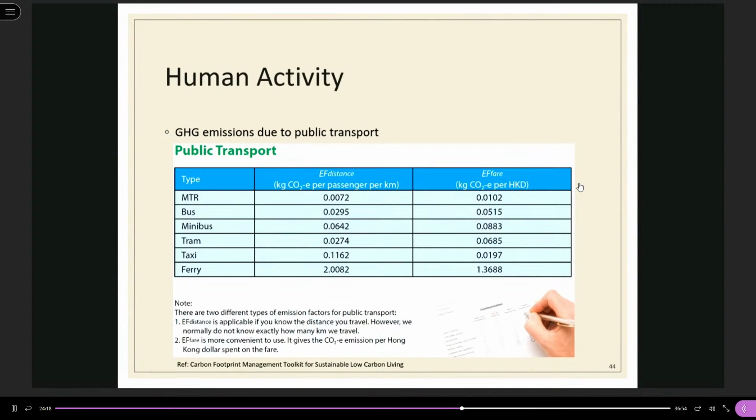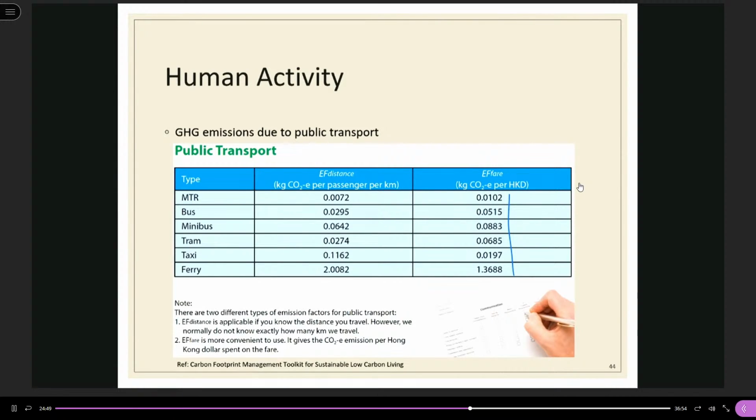This figure is extracted from the Carbon Footprint Management Toolkit for Sustainable Low Carbon Living. It summarizes the carbon dioxide emission for different kinds of public transport. Taking MTR, bus, minibus, tram, taxi, or ferry will have different effects on global warming.